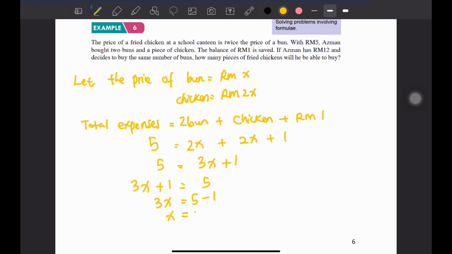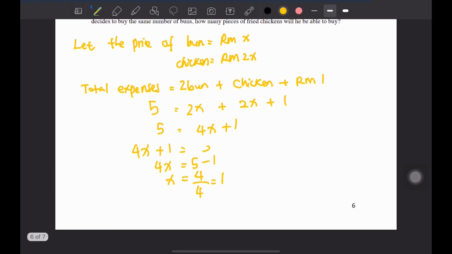So 2x, 2x, we have 4x. So over here we have 4x plus 1 equals to 5. So 5 minus 1 is 4. 4 darab pindah sebelah jadi bahagi 4. So x is equals to 1.